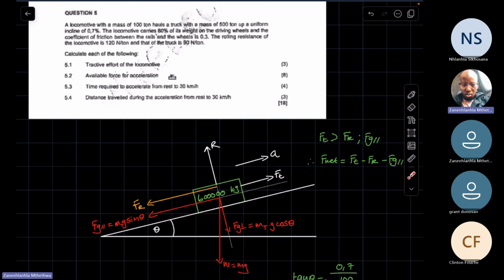Also, just a hint here on how to calculate the total resistance.